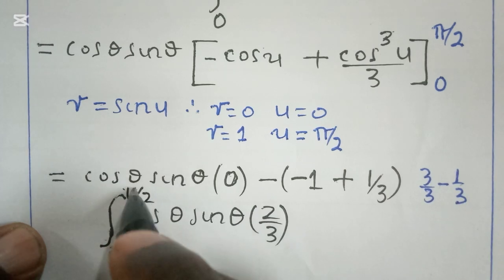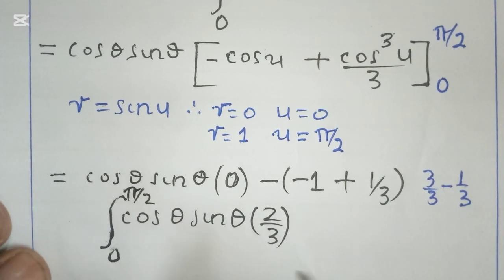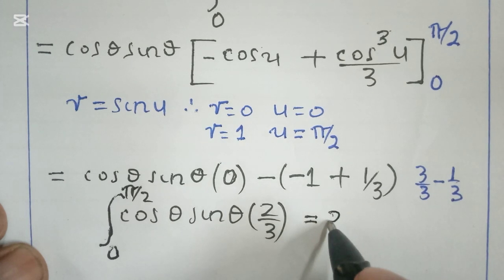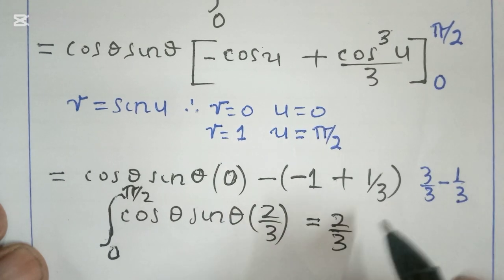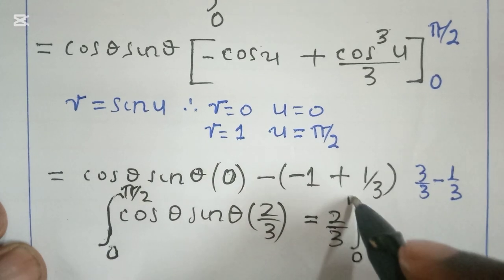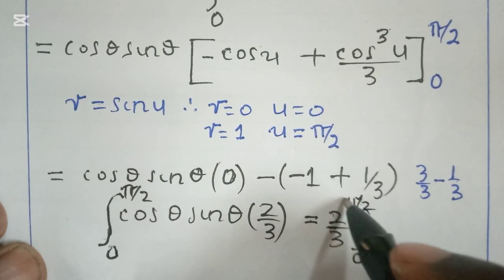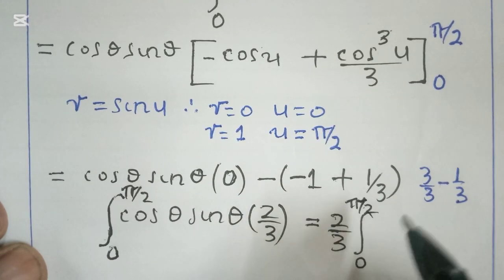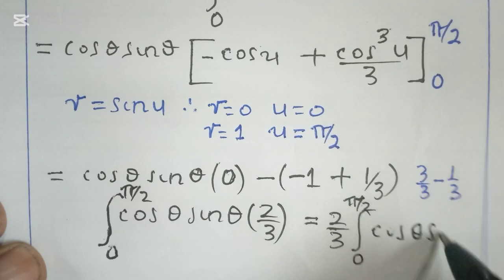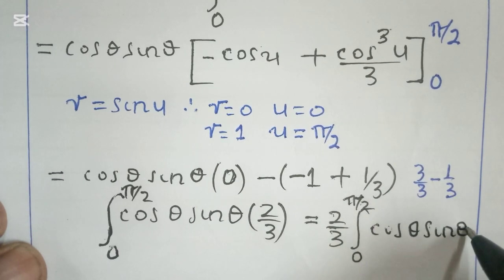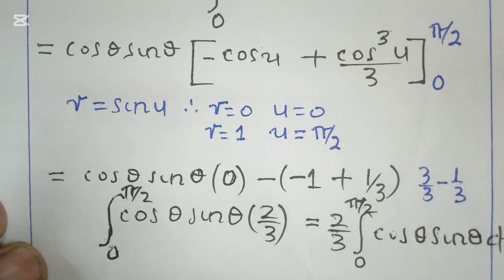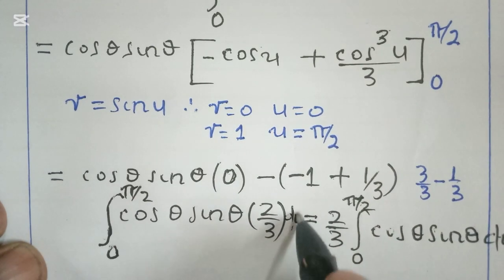So we are going to have 2 all over 3 integral from 0 to pi over 2. Then we have cos theta sine theta d theta. Here we should put d theta, like that.